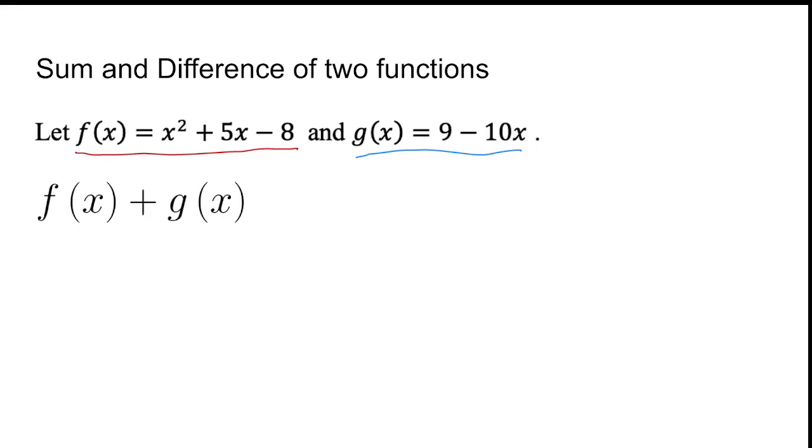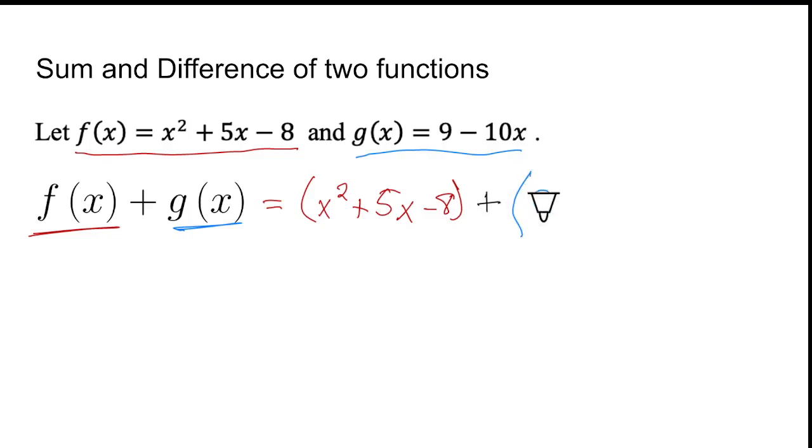So that's going to give us g of x again in blue, f of x again in the burgundy. Okay, so we're going to write the first function. I'll put parentheses around them to indicate that they are each separate, different functions. So there's one function, and then the operation we're doing with them is we're going to add them together. Second function, 9 minus 10x.